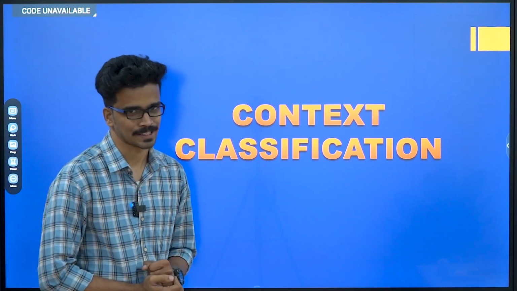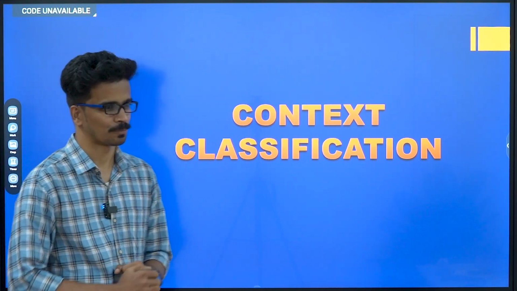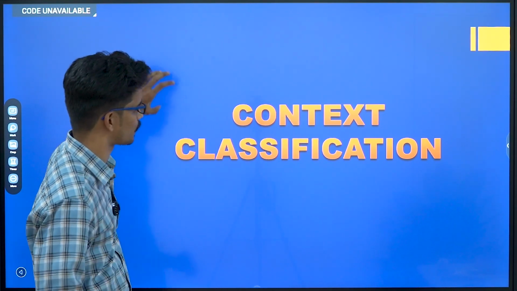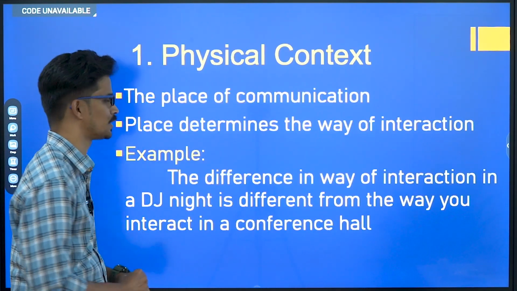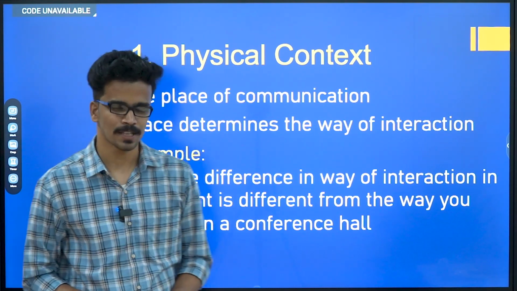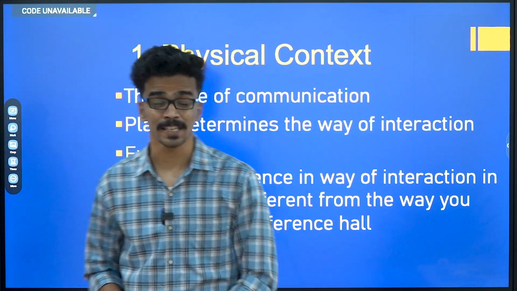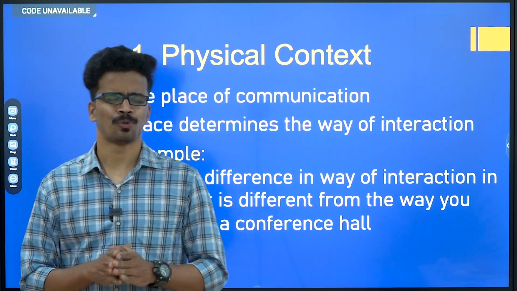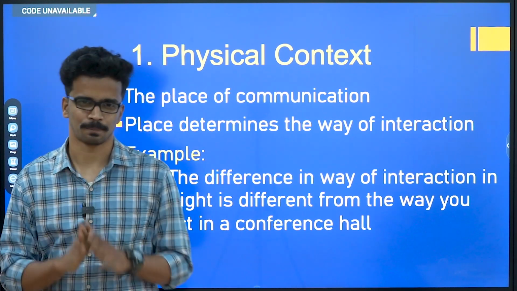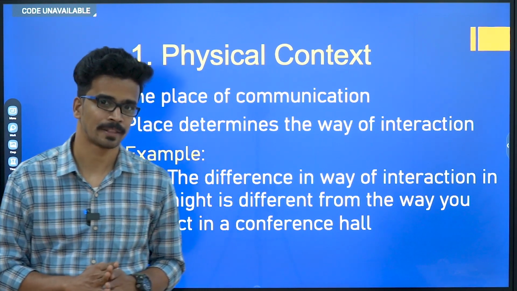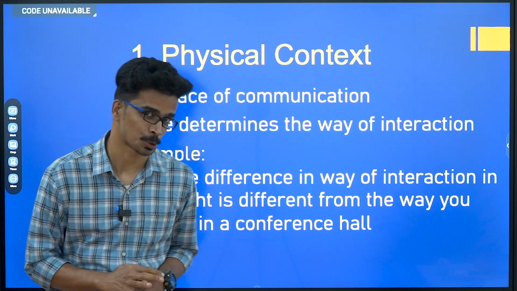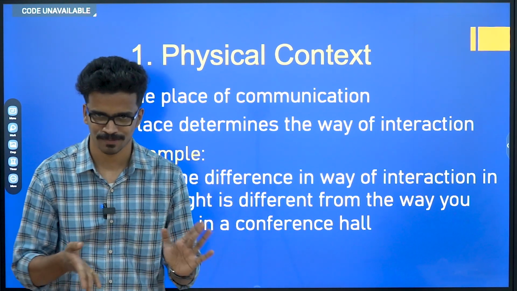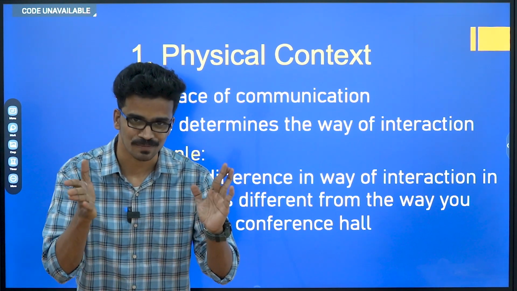Types of context. Let me tell you with the most familiar things that you might know. What is context? What are the different types of context that you need to know? First things first, physical context. I was asking you, where are you all at this point of time, hearing my video? And you just told me some places, right? Place.